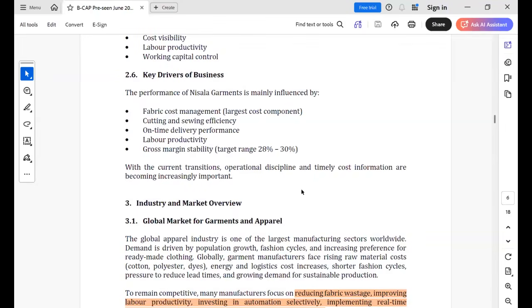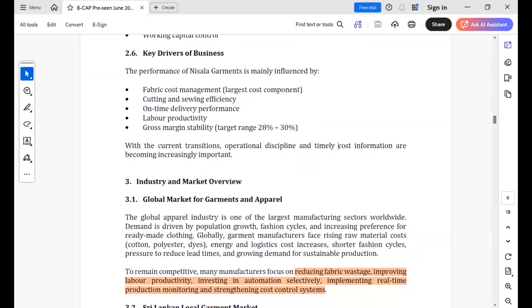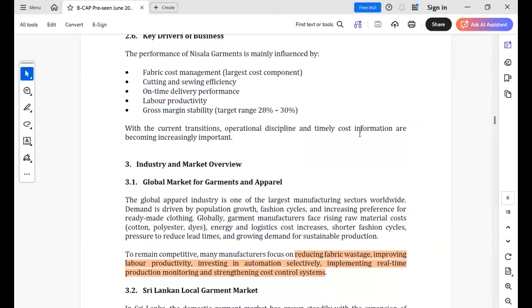With the current transition, operational discipline and timely cost information are becoming increasingly important. That is very true. Because when you are running a manufacturing company, you always have to take decisions. To take those decisions, you need accurate, precise information on time, right?